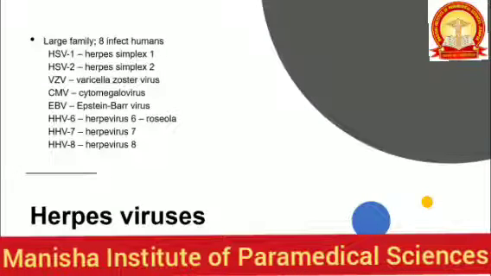This herpes virus family is very large. There are 8 of them that infect humans: HSV1, HSV2, VZV.